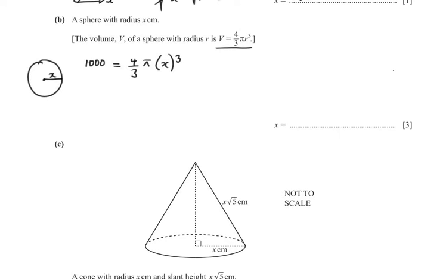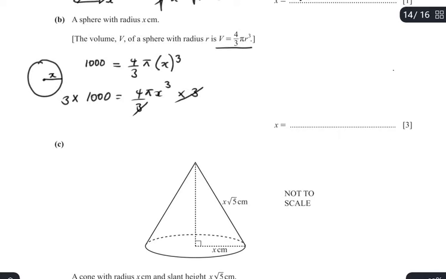Depending on how comfortable you are with your algebra, for me here, this is going to give me 1000 equals 4/3 pi x cubed. What I'm going to do here is multiply by 3 on both sides because I don't like working with fractions. That would make that divide.